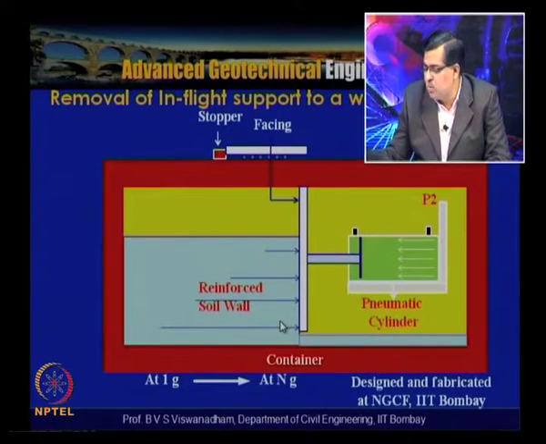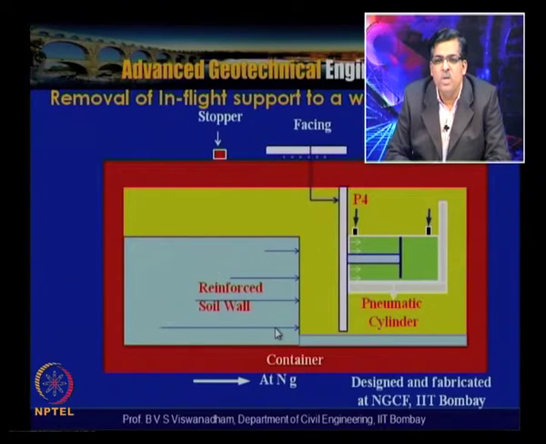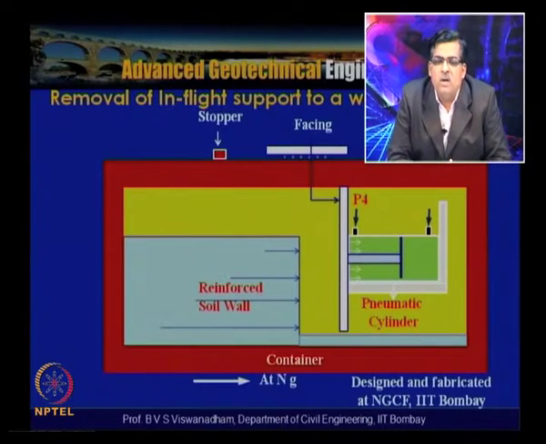The next level is that we apply pressure P4 and remove the support, so that this particular wall at NG, if h by n is the wall height, has an equivalent height equal to h meters in the prototype.